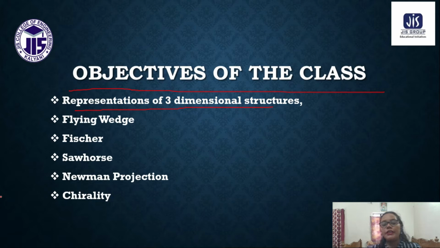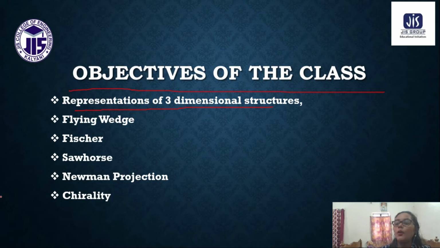In three dimensional projection, you will learn about the flying wedge projection, the Fischer projection, the Sawhorse projection, and the Newman projection, and also how we can convert between these projections, like from flying wedge to Fischer and Fischer to flying wedge.